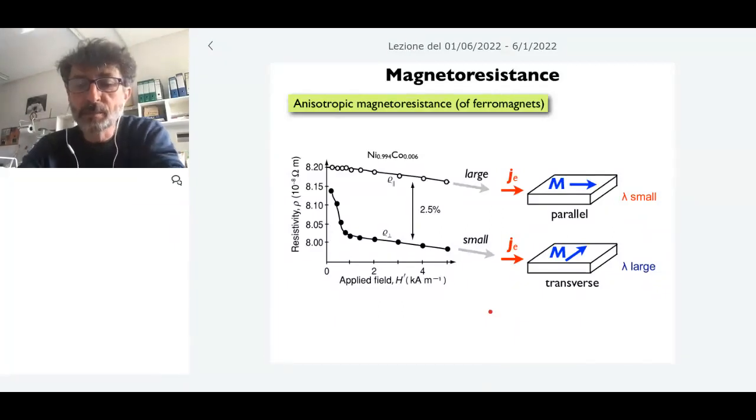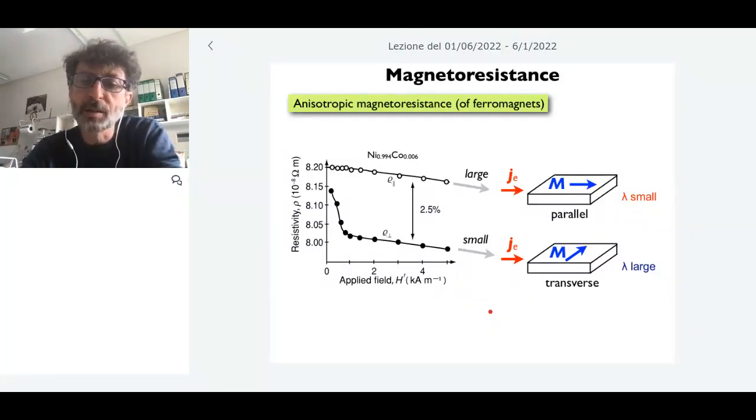By the way, if we forget for the moment about the cause, we can look at the amplitude of the effect. 2.5% is not that bad, so it's already something that is reasonably measurable. And look at the material used here.